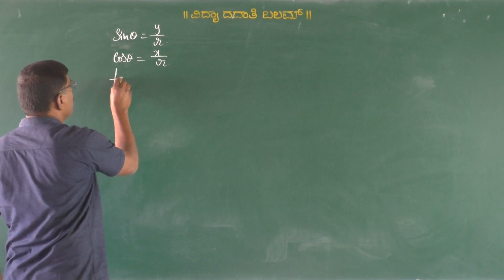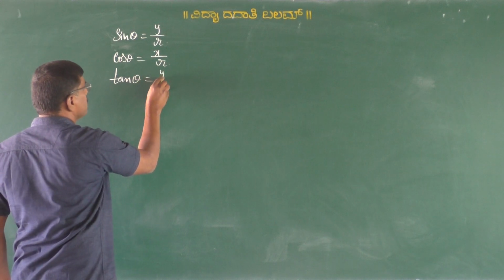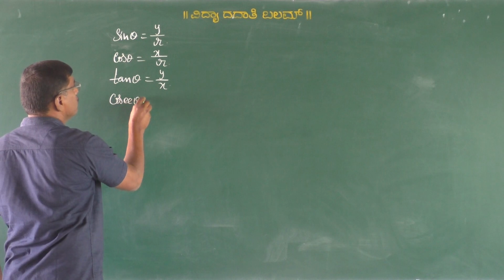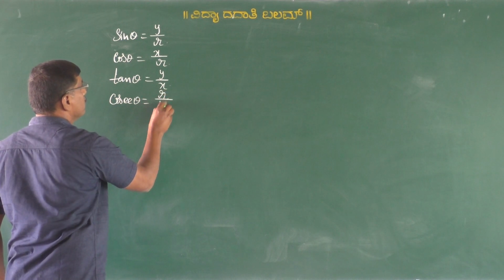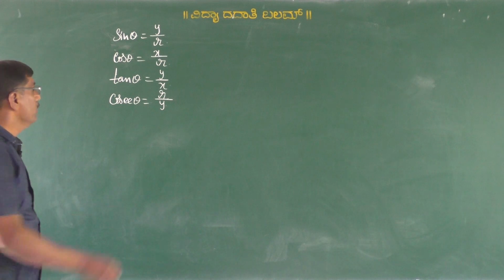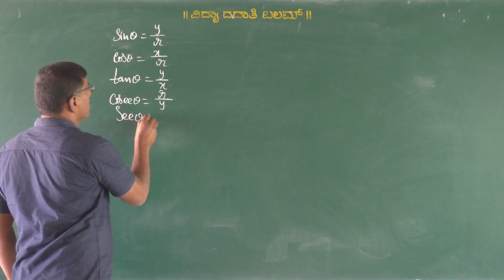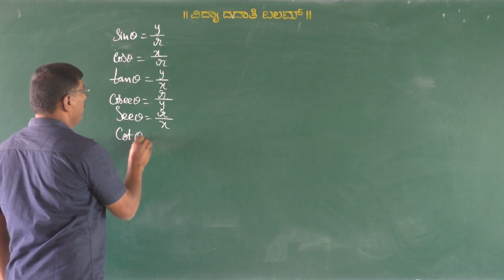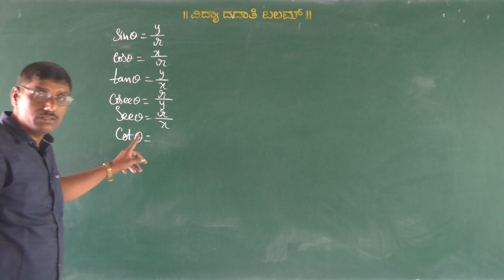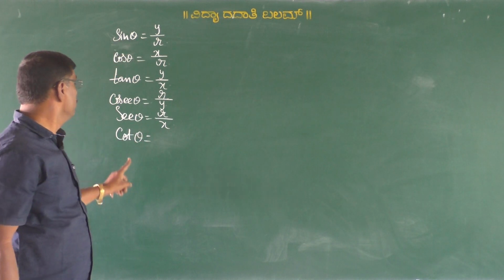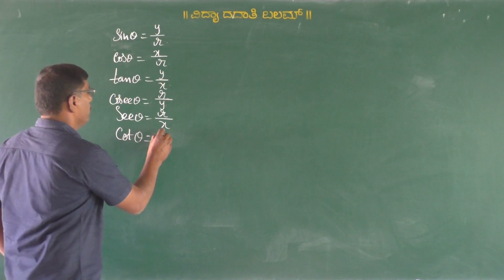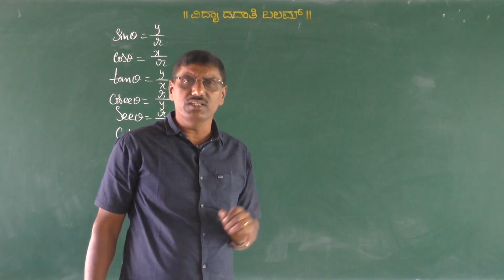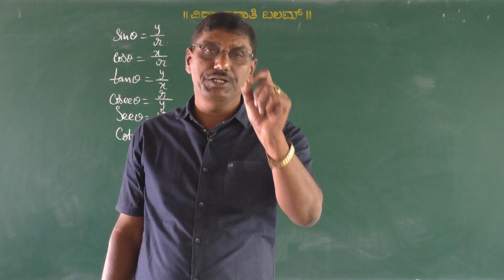Tan theta is equal to y by x, cosecant theta is equal to r by y, isn't it? Secant theta is equal to r by x. The last one, cot theta, that is the reciprocal of tan, x by y. Now, with the help of these, we can define identity formulae.